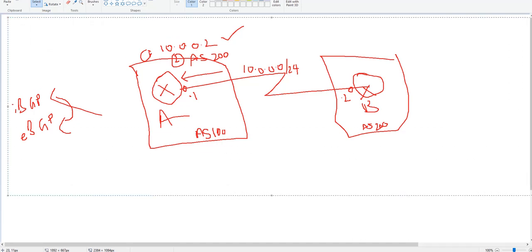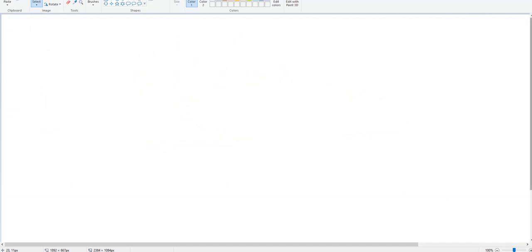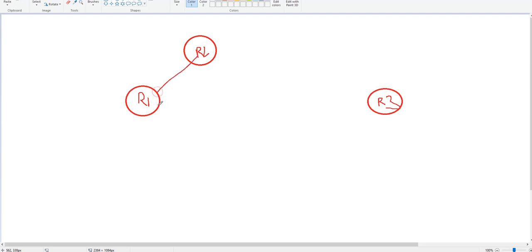Great. The next part is what IBGP and EBGP are. Simple. Let's take a router here, a router here and a router here. This is router 1, this is router 2 and this is router 3, and this is how my connection is.